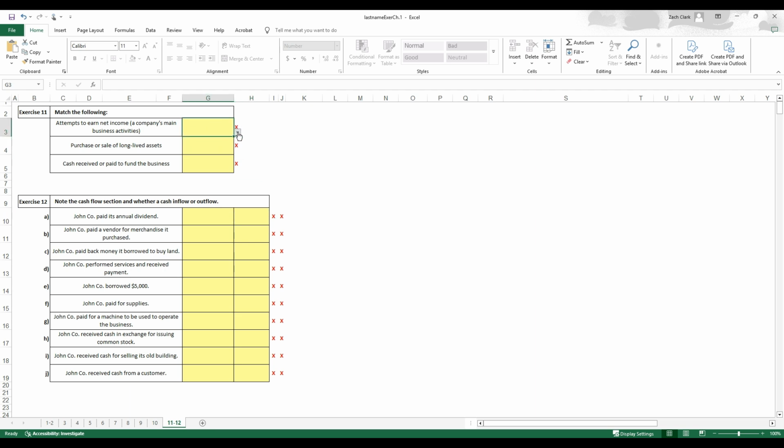And then our final problem here, we're going to classify some activities that would be on a cash flow statement. Again, that's another financial statement. In this class, we don't really spend time preparing the cash flow statement, but knowing which category the types of transactions would be on, that's something that you should at least have some familiarity with and could be on a quiz or exam, so on and so forth. So there's only 3 of these.